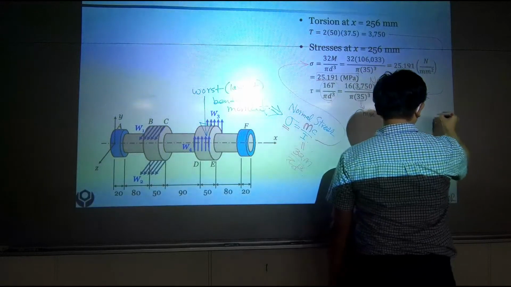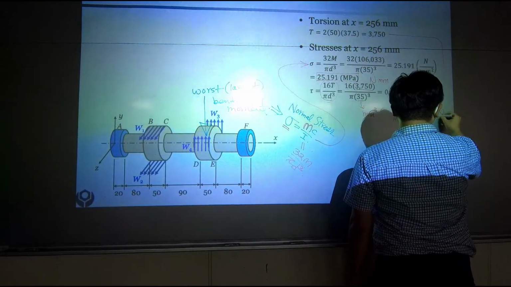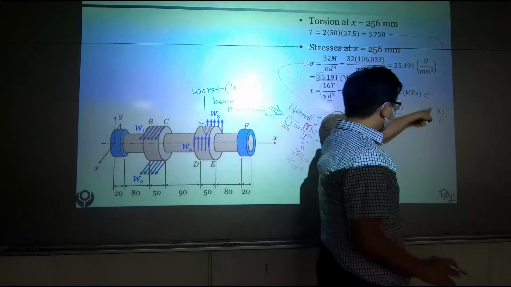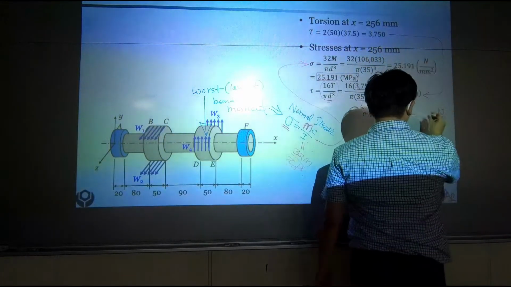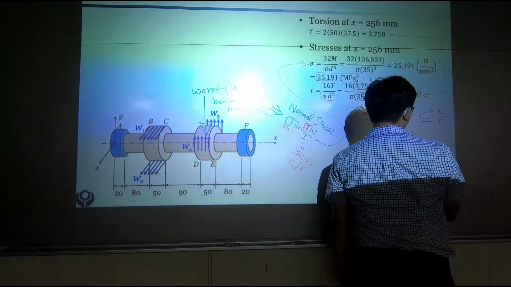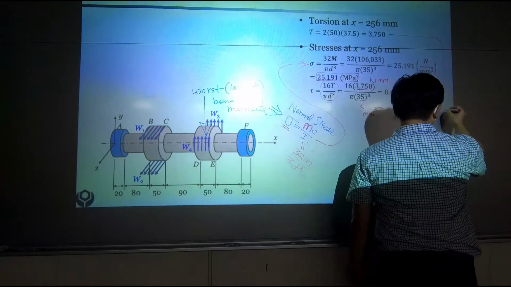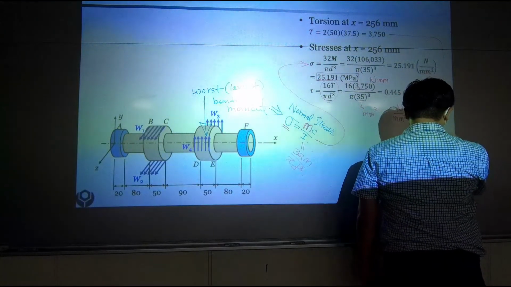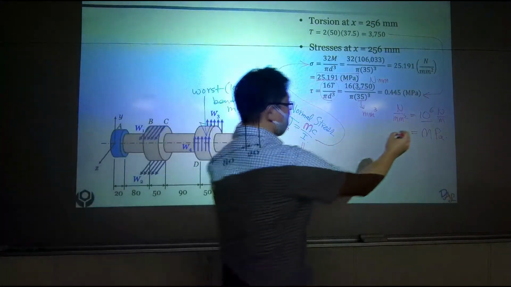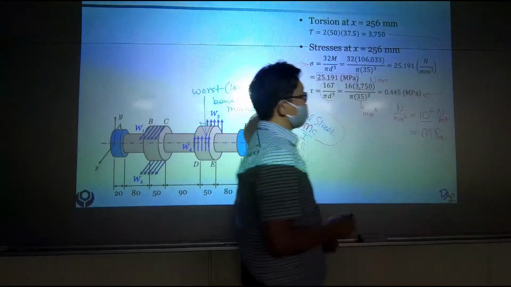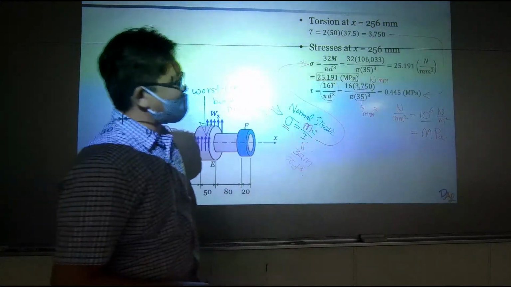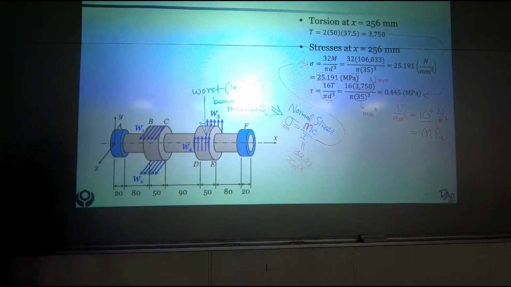If you convert this into Newton over meter squared, you should have 10 to the power of 6 right there. And 10 to the power of 6 is mega, and Newton over square meter is Pascal, the unit of pressure. So this is how you end up with megapascal right away.